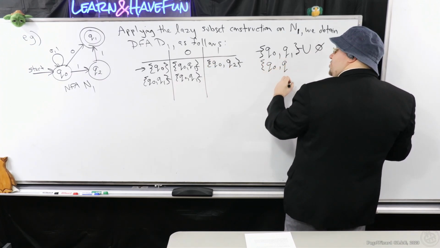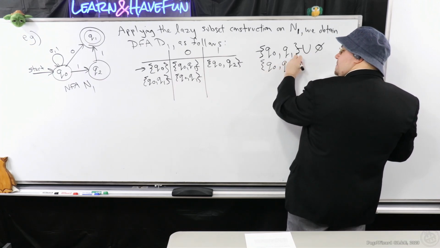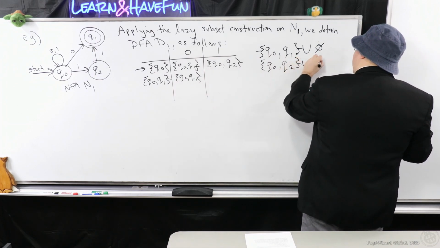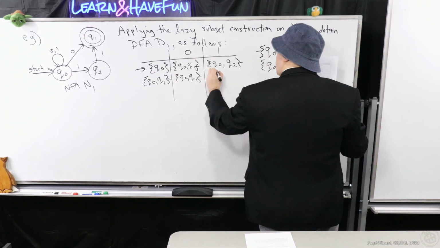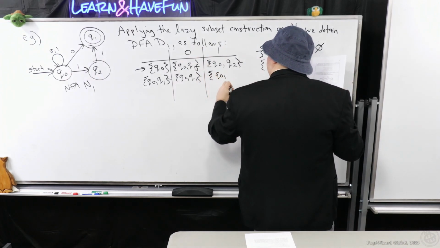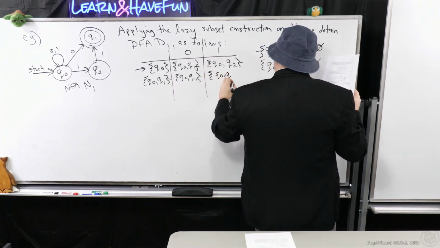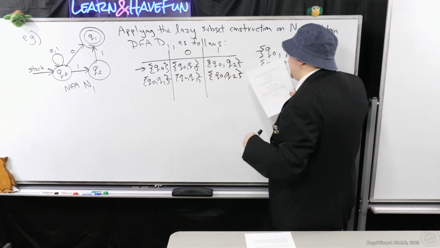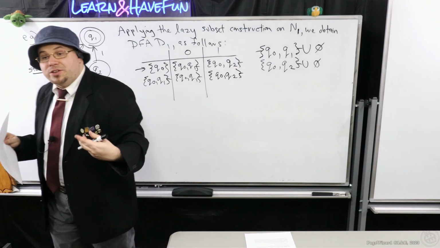So it transitions into two states, Q0 and Q2. And for Q1, again, it doesn't transition anywhere. It dies. So Q0, Q2, the exact same one.